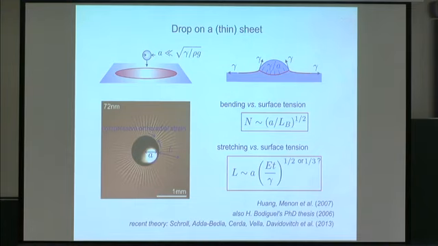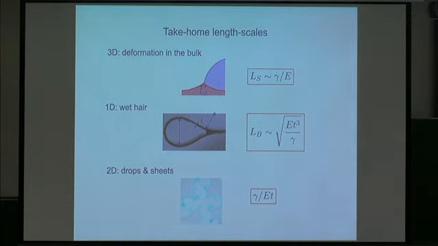And okay, just to summarize, maybe I'm late, I guess. We have three geometries, two length scales and one non-dimensional number. For 3D, what you have to remember is that the length scale is gamma over E. Usually that's a small scale, but if you go to very soft solids, maybe you can see it.